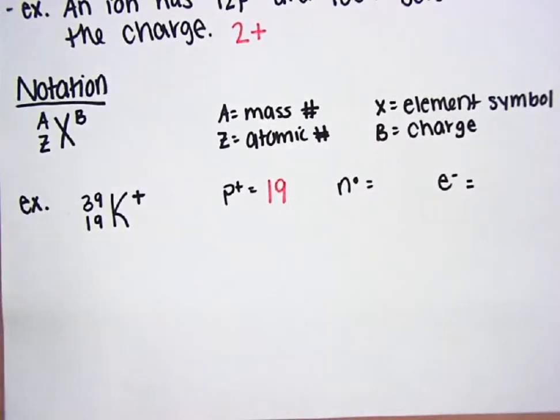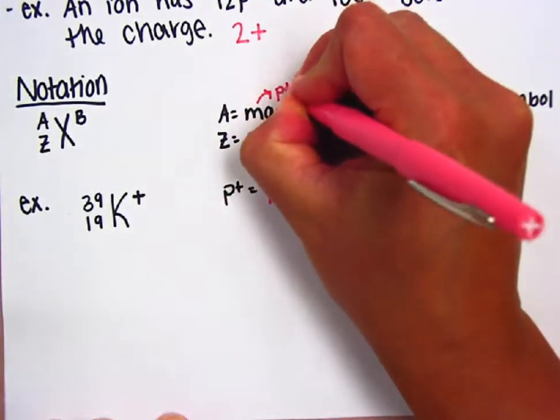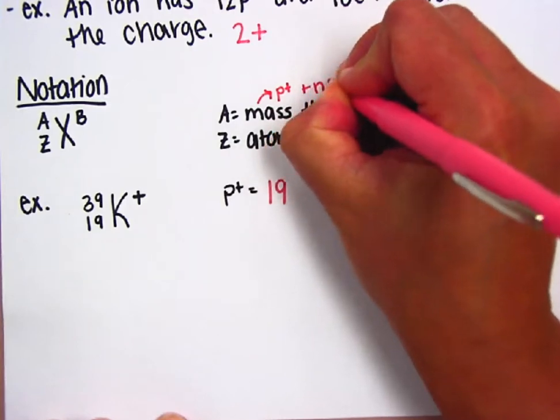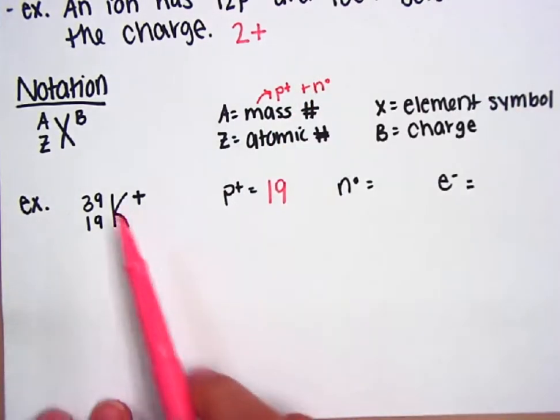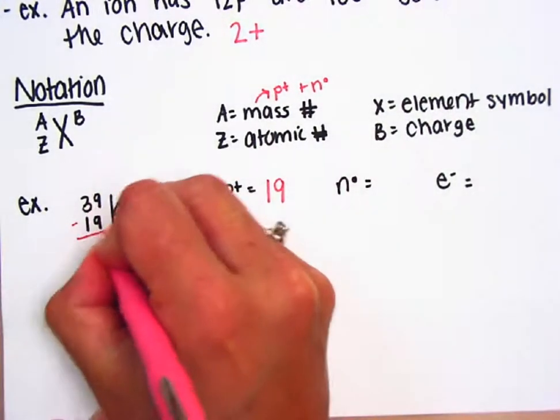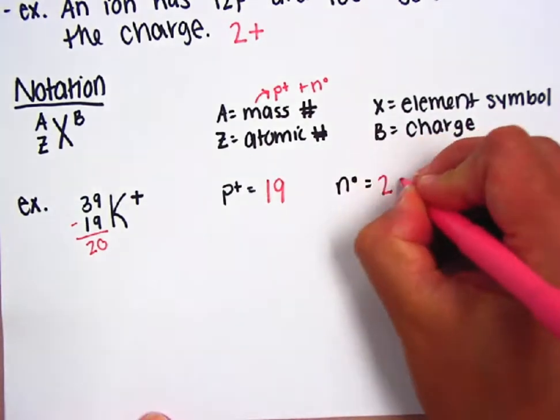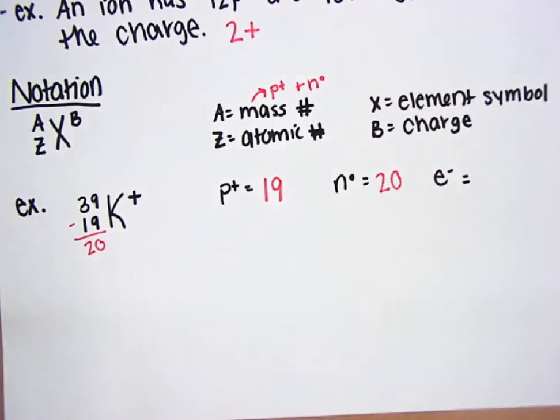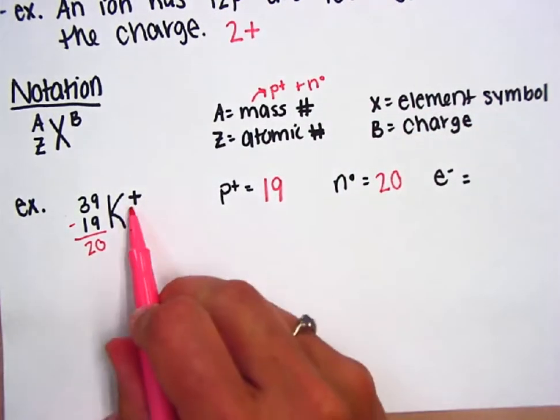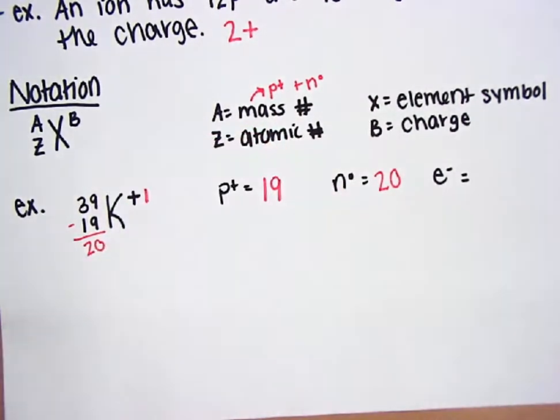Potassium has 19 protons. Mass number is equal to the protons plus the neutrons. My mass is 39. If I subtract out my 19 protons, that leaves me with 20 neutrons. If you ever see a charge without a number, it just means that it's 1. So potassium has a charge of +1.